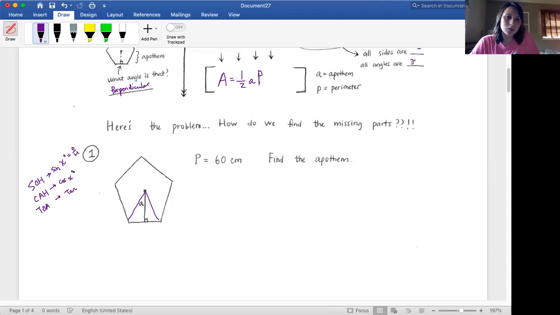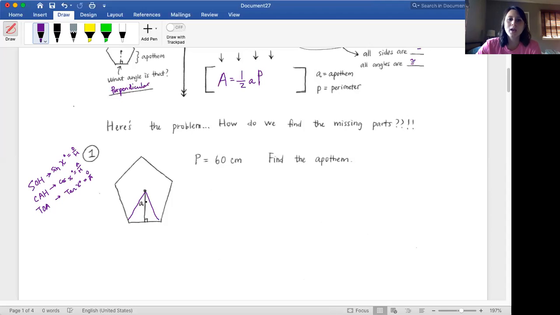Cosine of an angle equals adjacent over hypotenuse, and tangent of an angle equals opposite over adjacent. So this SOHCAH-TOA helps us remember the ratios: opposite over hypotenuse, adjacent over hypotenuse, and opposite over adjacent. So we're going to practice that a little bit.